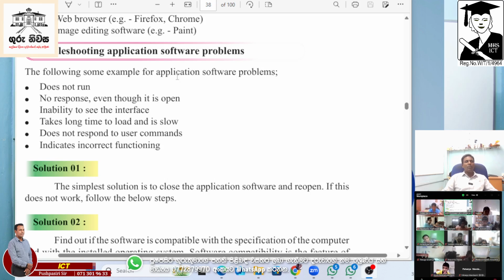Takes a long time to load, the loading is slow. Does not respond to user commands. Indicates incorrect functions. So these are the problems or the troubles in the application software. So what are the solutions for them?